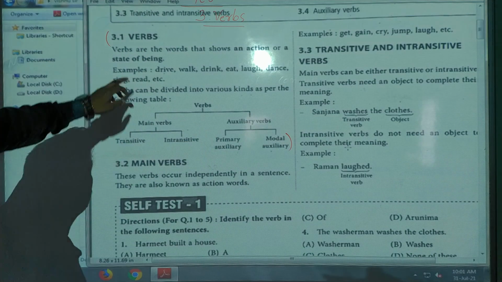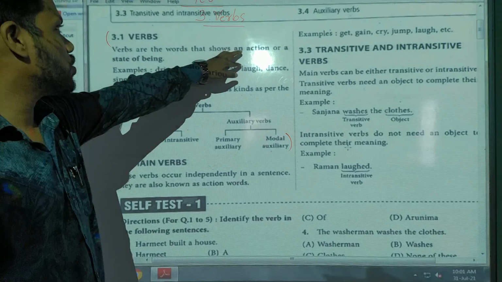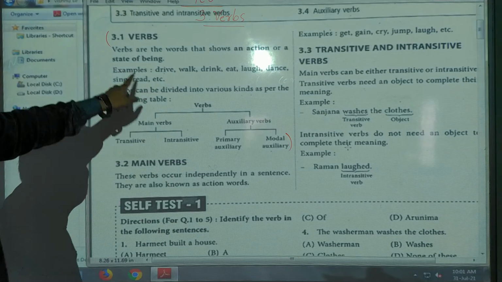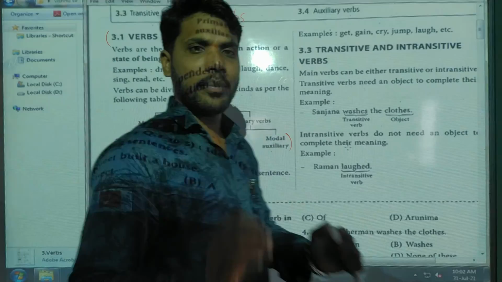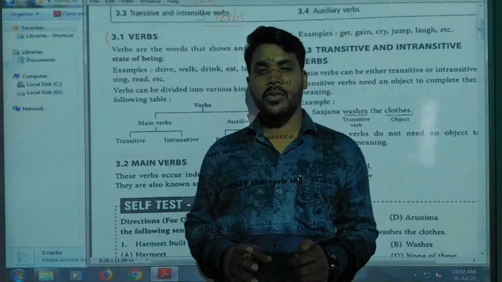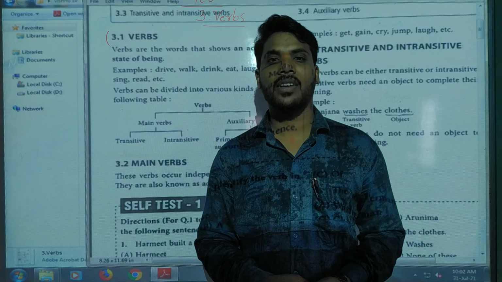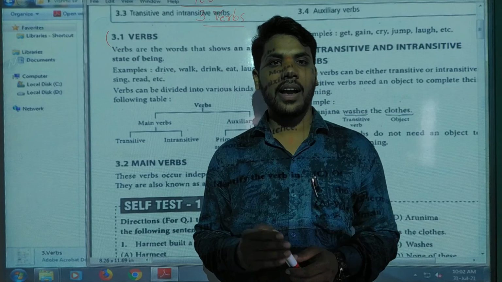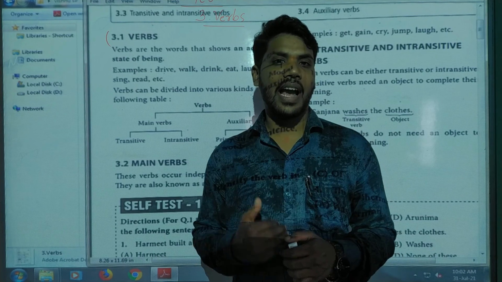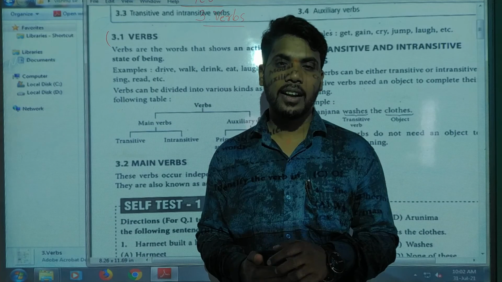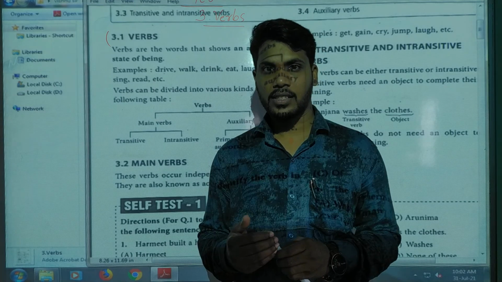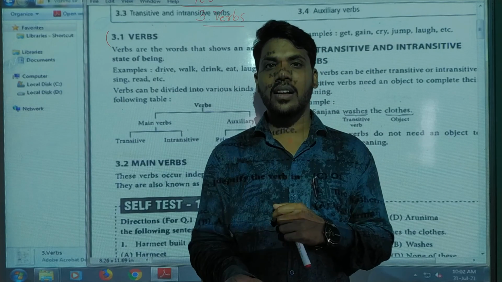What is a verb? Verbs are the words that show an action or a state of being. Simply we can say that a verb is nothing but it's showing an action. What am I doing now? I am teaching. So what is my action here? What is my work here? Teaching. Yes or no? You are learning.